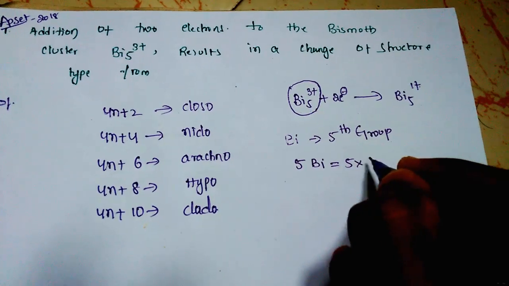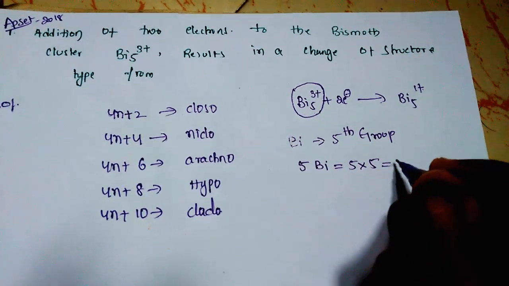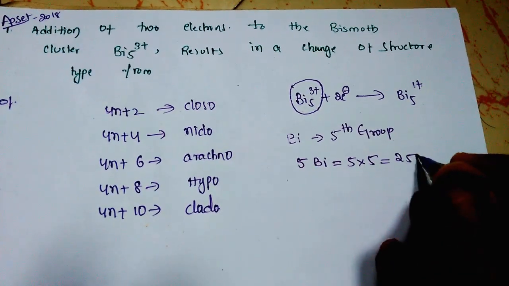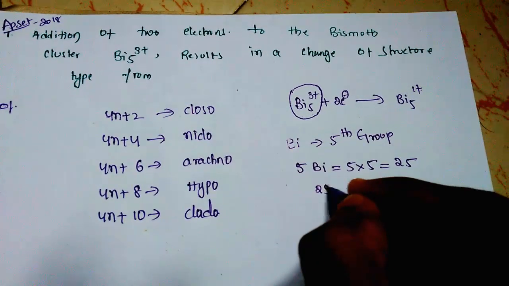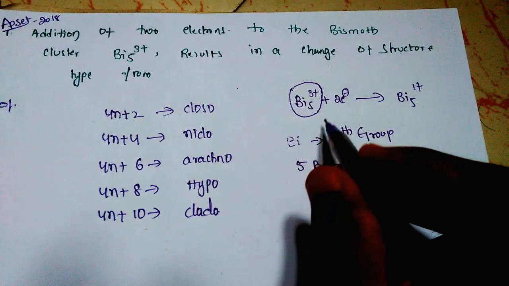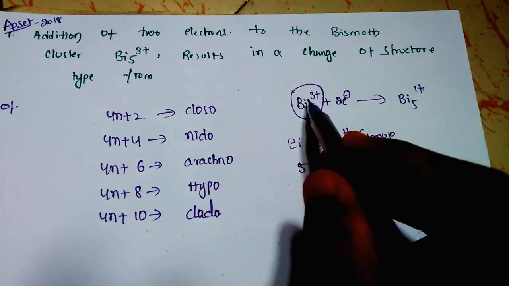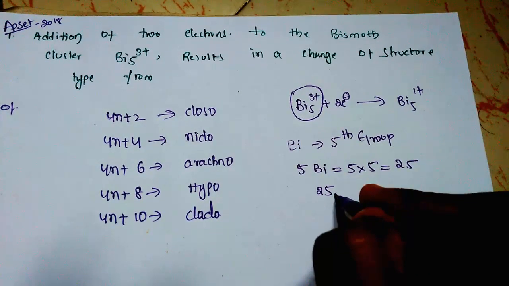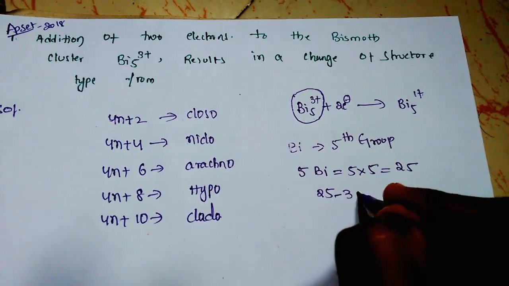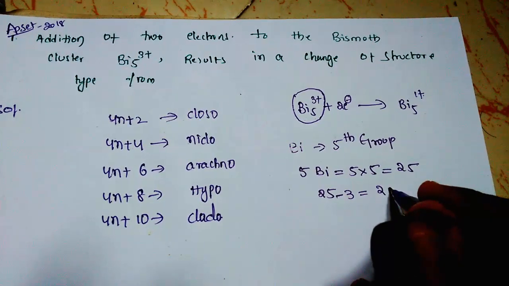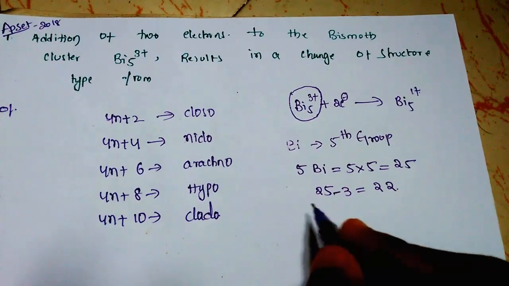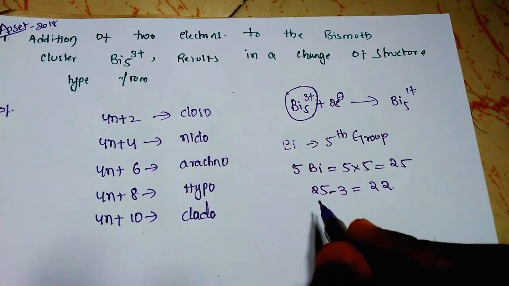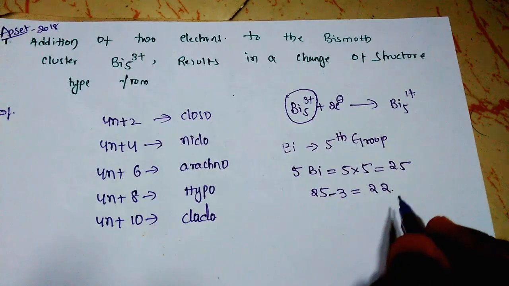So 5 into 5 equals 25, and we have a 3 plus charge over this element, so we subtract 3 from 25, we get 22. So this Bi5 trication has 22 electrons.